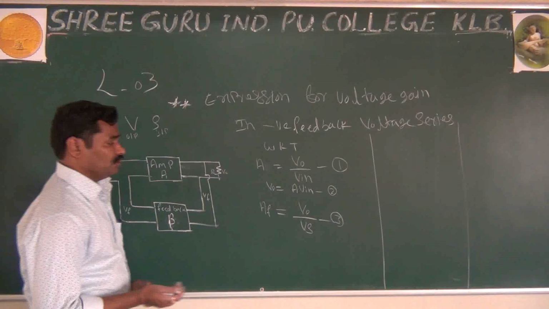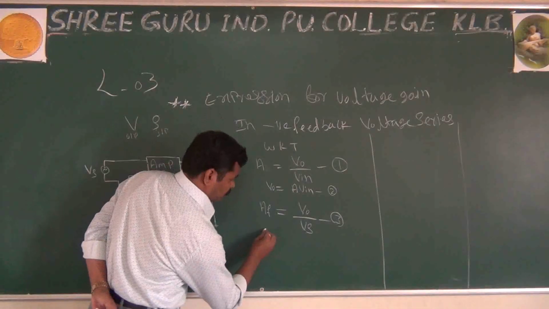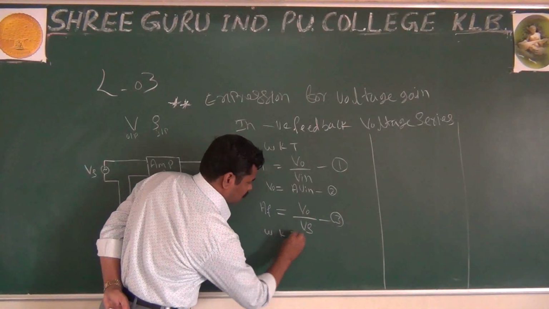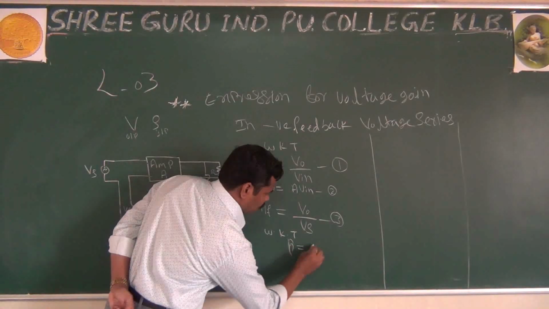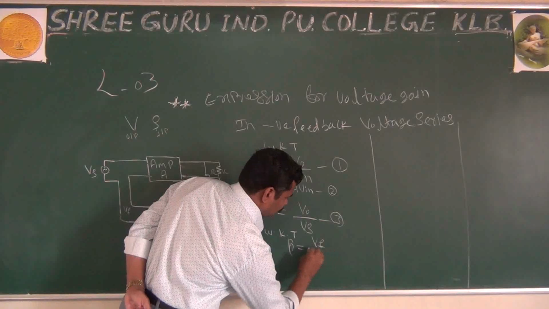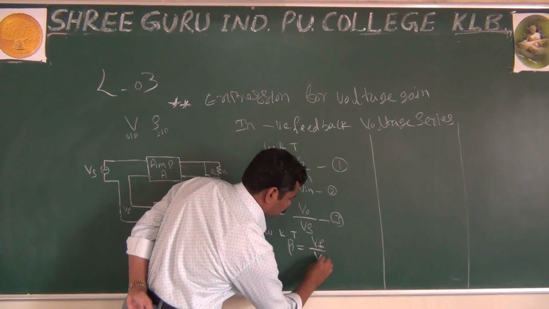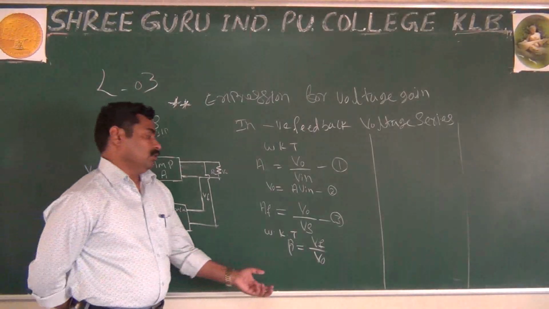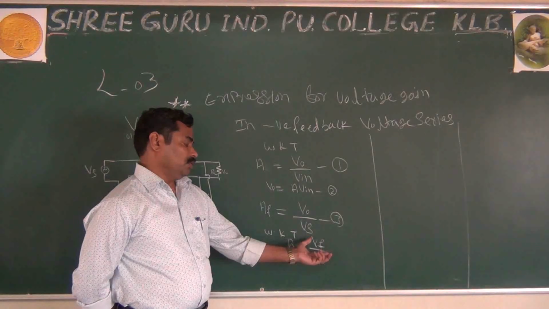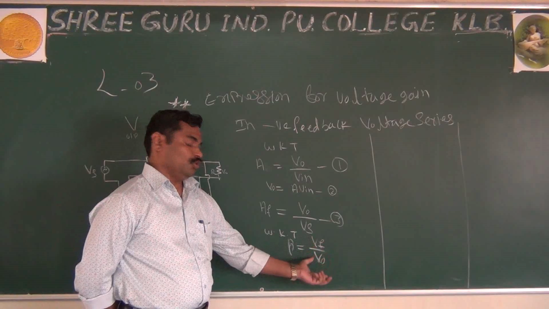And also we know the feedback factor, that is important. We know that the feedback factor beta is equal to Vf by V0. So important: the feedback factor, the feedback ratio, is nothing but the ratio of feedback voltage to the output voltage.